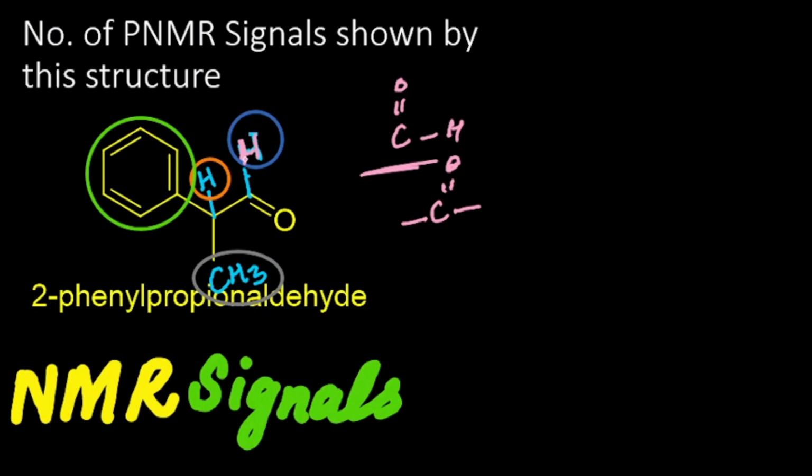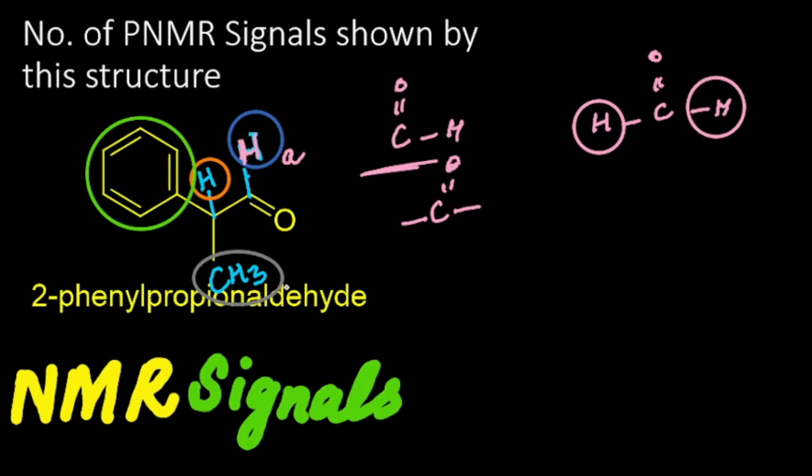So in the aldehyde group, the hydrogen always gives you a separate signal because this hydrogen is not chemically equivalent with any other hydrogen, except when the structure is formaldehyde. Here this hydrogen and this hydrogen are chemically equivalent, so that's why we get the same signal. But in all others, we always get a separate signal.